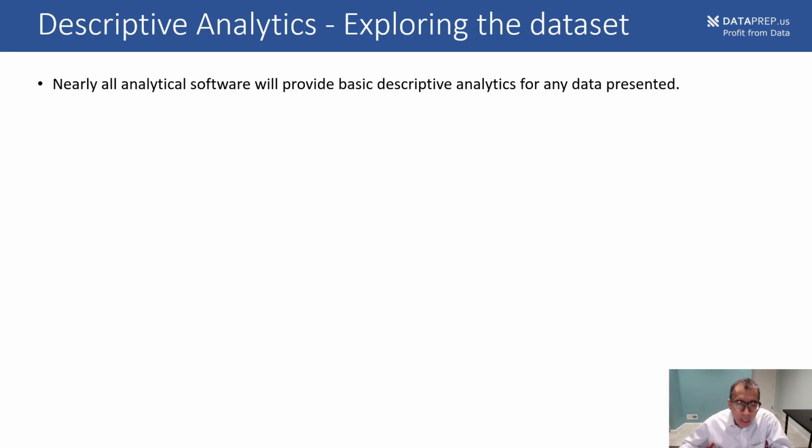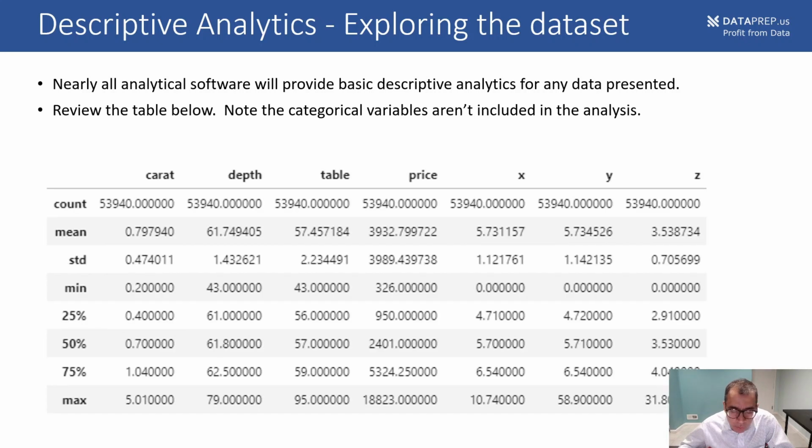Finally, nearly all analytical software will give you basic descriptive statistics for any data that you can throw at it. So for example, this is a table of the mean, the standard deviation, the minimum values, the different quartiles, and the maximum values for every one of my numerical values in the diamonds data set. To generate a table like this is generally extremely trivial in most software, because this kind of work has to be done by everyone for just about every data set.